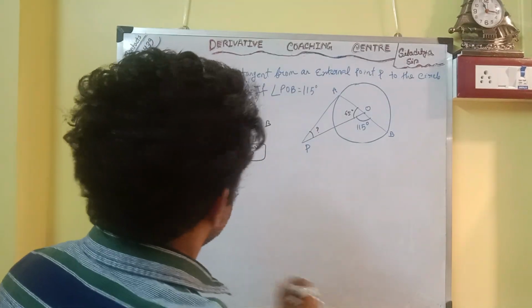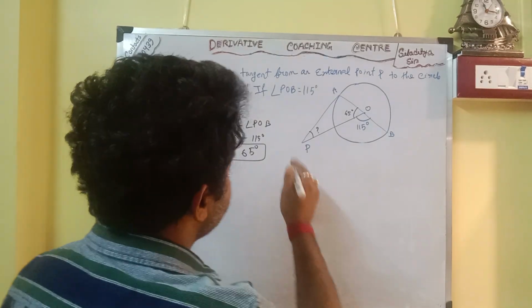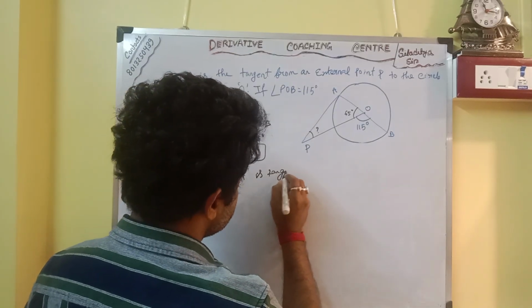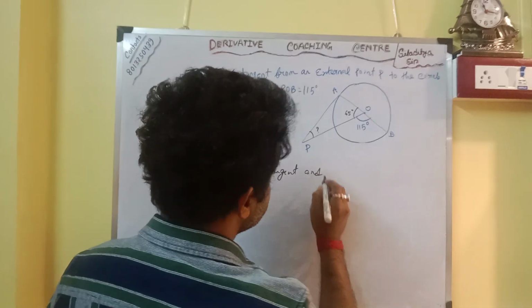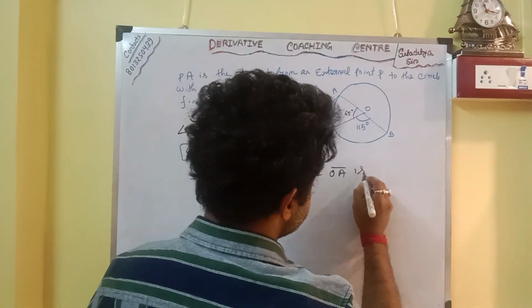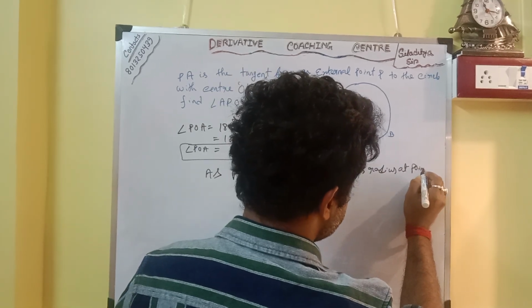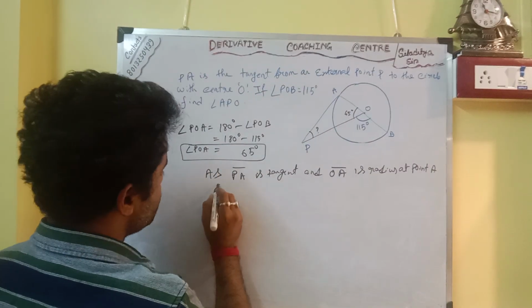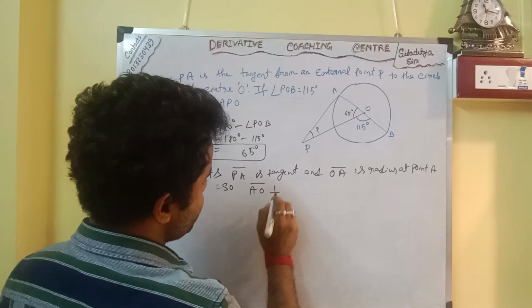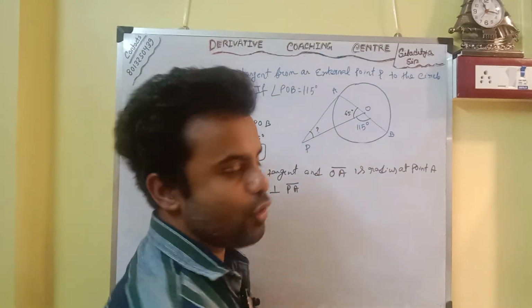Okay, so write the PA is tangent and OA is radius at point A. So this AO is perpendicular to PA. That means PAO is 90 degree.